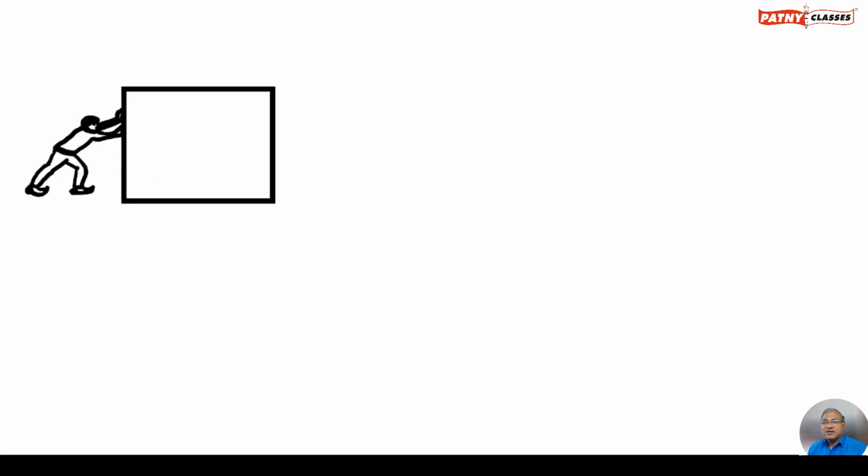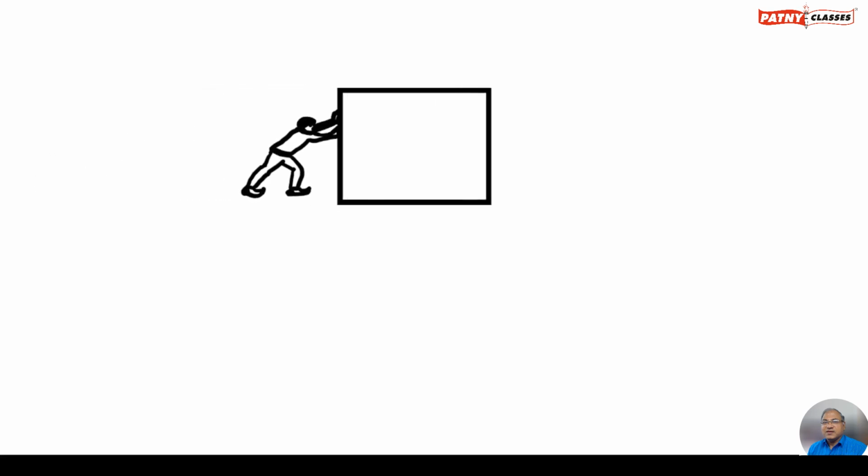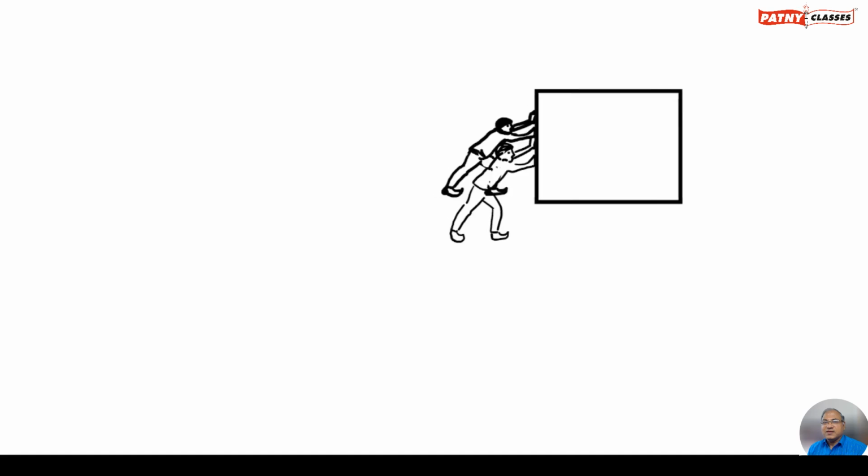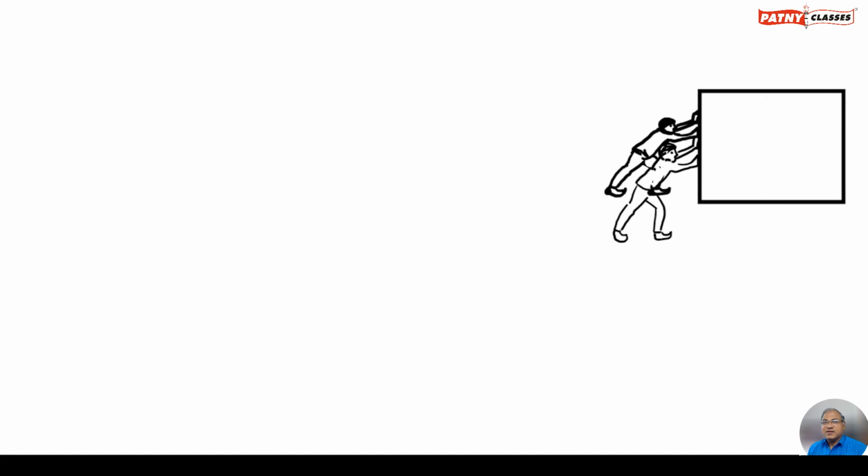When a single man is pushing, the block moves slowly. But in between the journey, another man joins to push the block. Now, the block moves faster. The velocity of the block changes as soon as the two men start pushing the block.